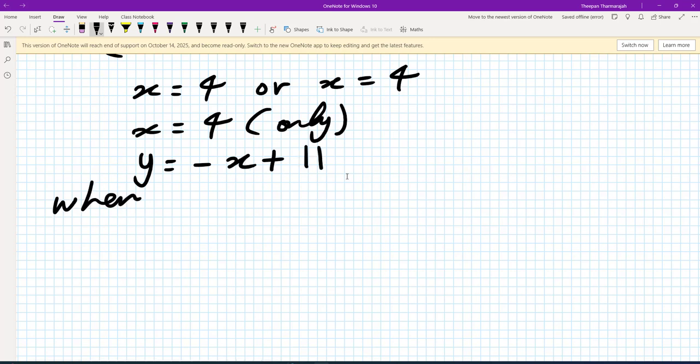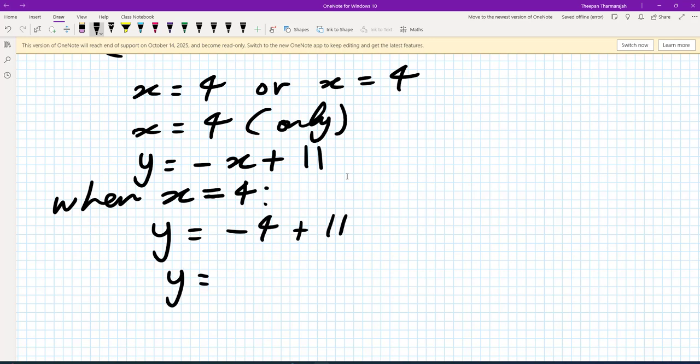Say when x equals 4, y equals minus 4 plus 11, y equals 7. Therefore, the point of intersection is (4, 7).